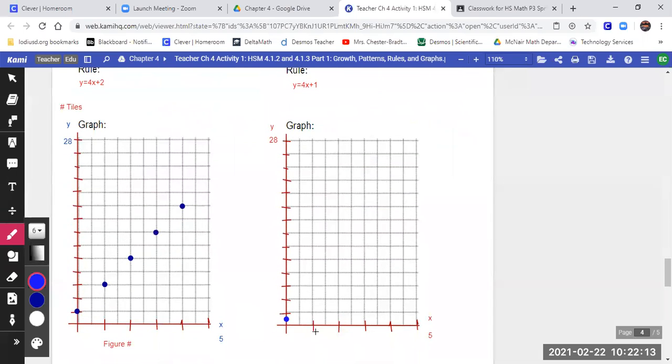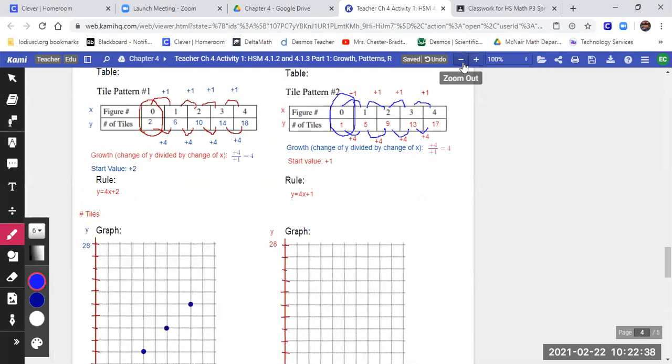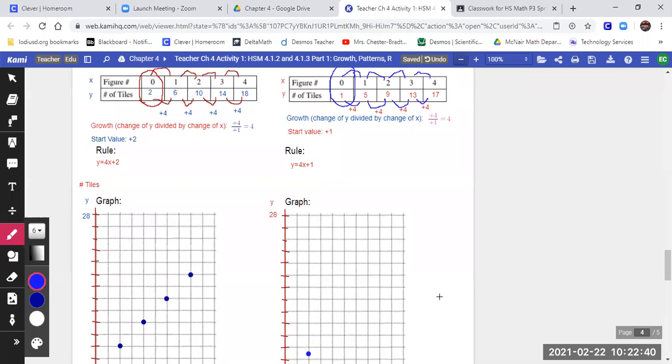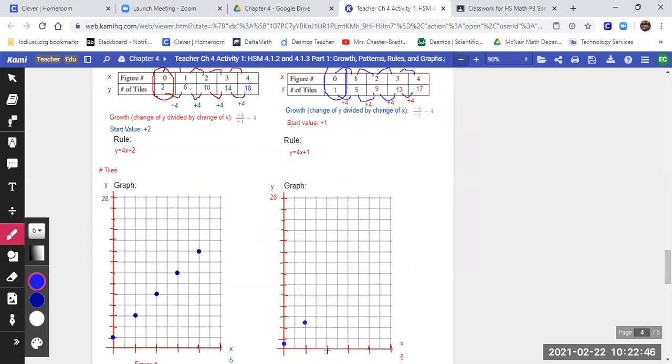So we have to go down here. Figure 1 is 5. So 2, 4, 5 would be halfway between, right? Then figure 2 was what? Look on your table. Come on. Figure 2 is how much? I'll make it a little smaller so we can try and see both at the same time. Figure 2 is how many? 9. Remember, each line is worth 2. So 2, 4, 6, 8, halfway in between makes 9.